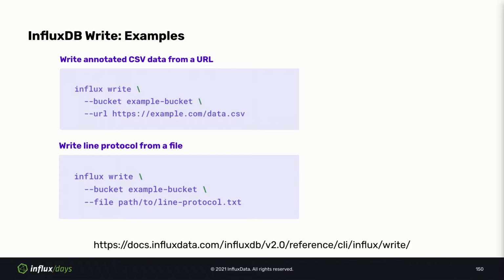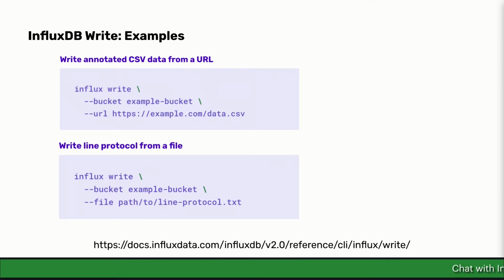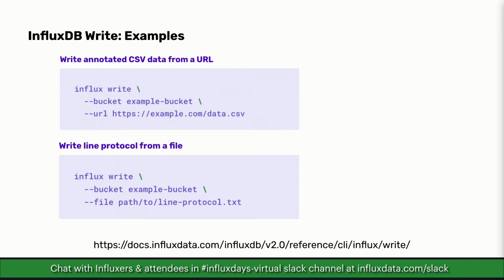When writing from the standard in, you can use the influx write command and the bucket flag, and then instead of using the URL or file flags, you'll replace that with the CSV or the line protocol, and that will be written as a string. And you can again write multiple lines included in that string.